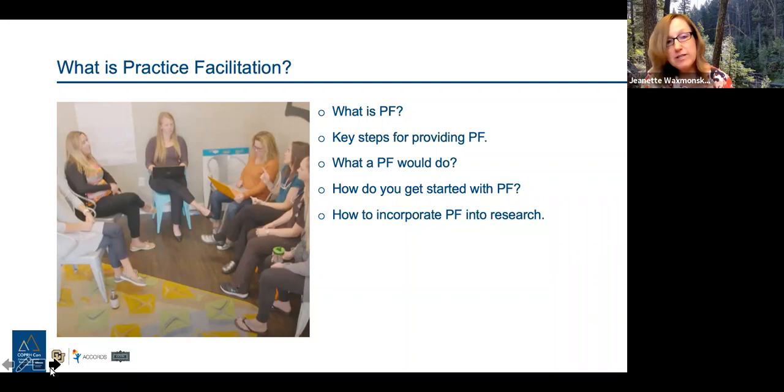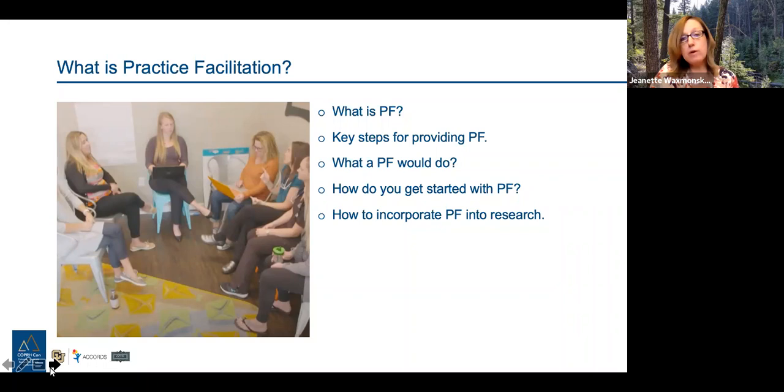And practice facilitation has come about and developed into an evidence-based strategy that allows you as a researcher to help build the organizational capacity and quality improvement with practices so you can enhance the uptake and sustainability of whatever intervention you are introducing into a practice.